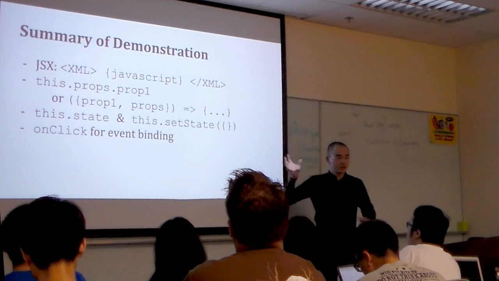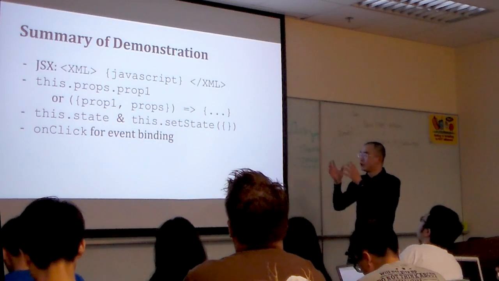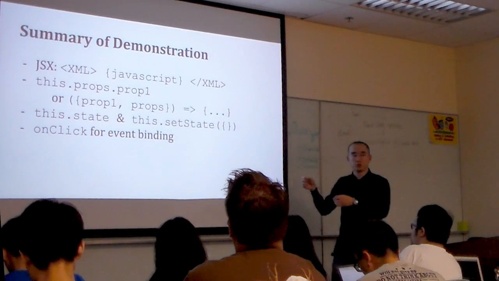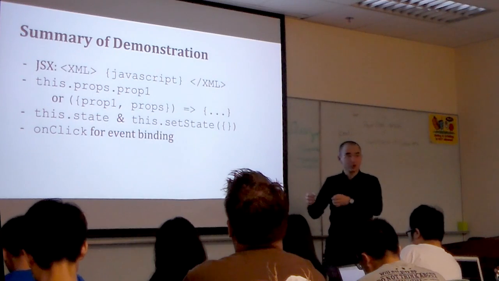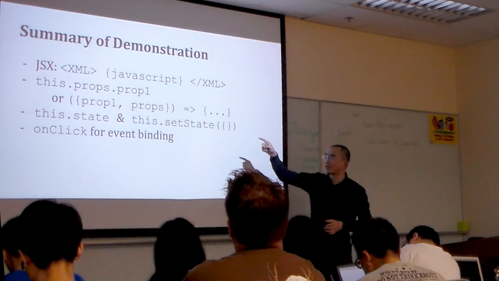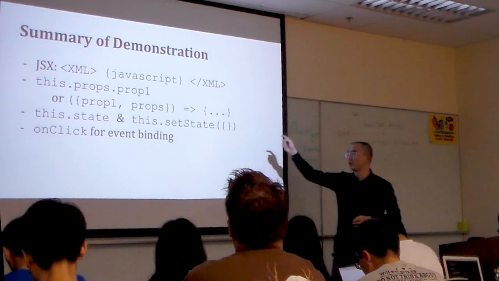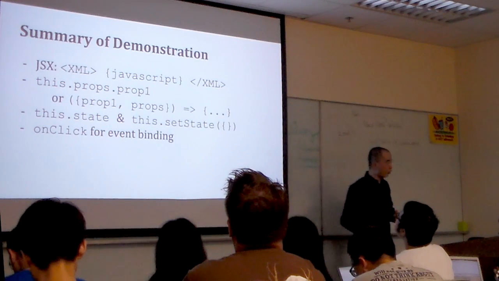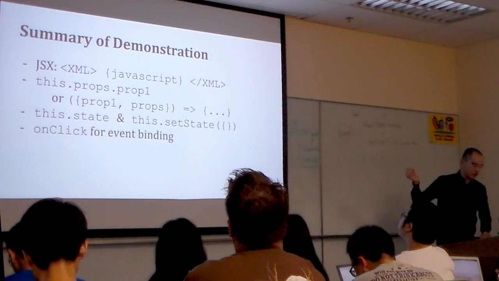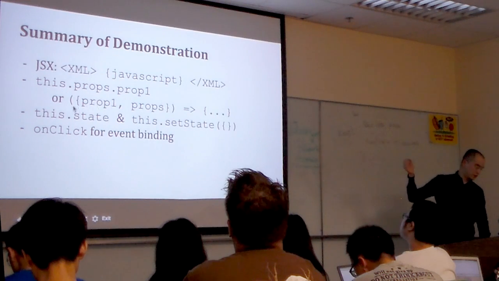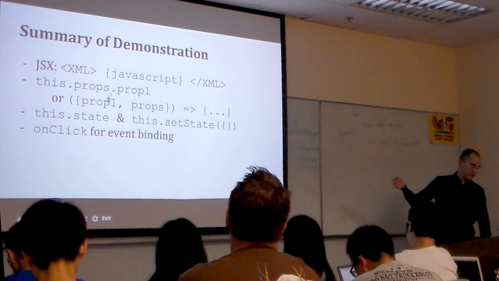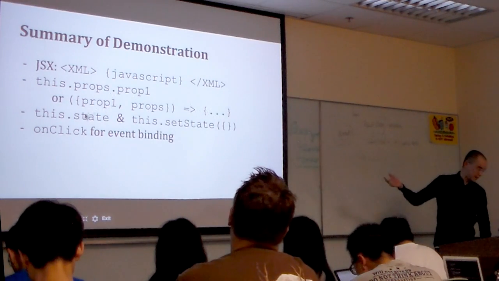And you pass arguments to functions, you pass props to components. You access those with this.props.something, or with the destructuring pattern, you can write it like this. Okay, the prop 1, prop 2, and this is a function, and you can just receive that.